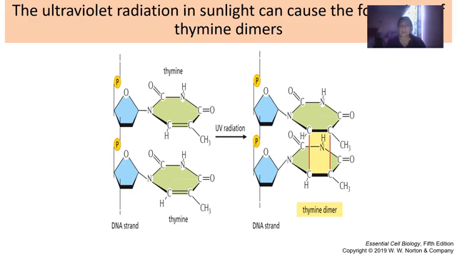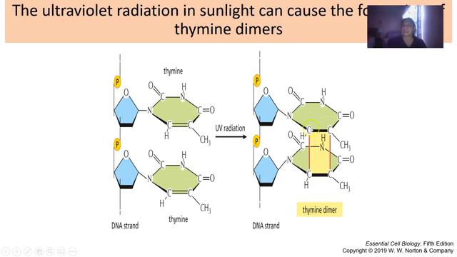The first one was just looking at endogenous, just normal DNA damage that's happening all the time. Another type of damage that's, again, going to be happening all the time, because all of us have exposure to sunlight and the UV radiation that is in there, is the formation of what we call thymine dimers, where two adjacent thymines can bind together and form these dimer structures based on their interaction with each other.